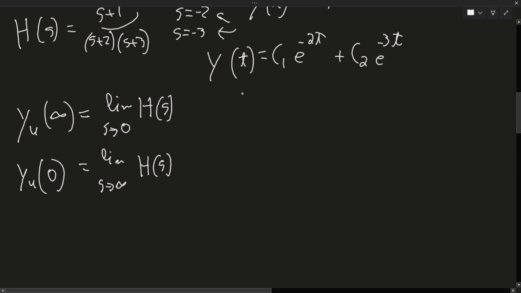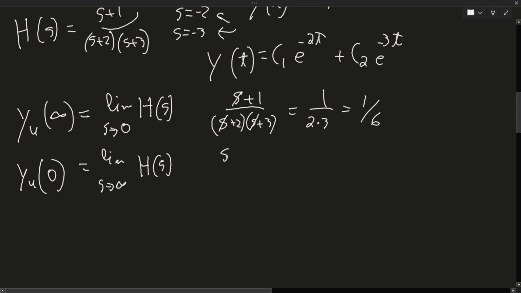So I'm just going to do this real quick. s plus 1 divided by s plus 2, s plus 3, evaluated as s goes to 0, is just 1 divided by 2 times 3, which equals 1 over 6.